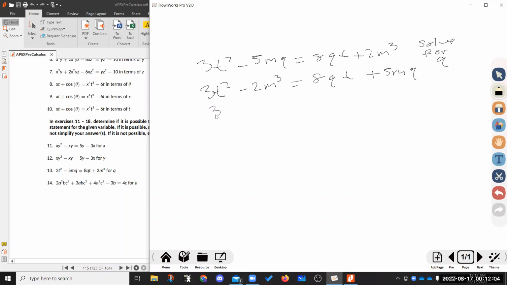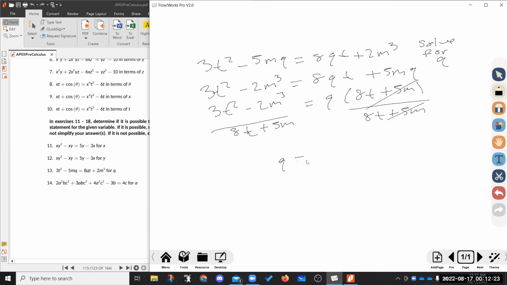We're going to factor q out. And we're going to divide by this piece that we don't want. And that leaves us with q equal to 3t squared minus 2m squared over 8t plus 5m. We're done.